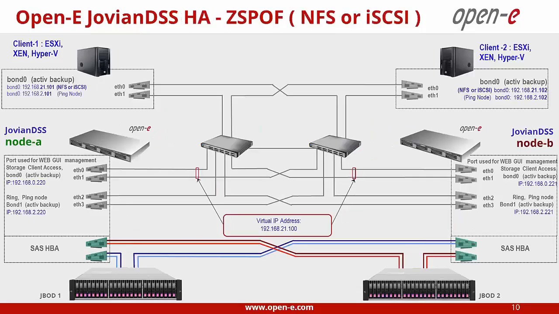And now I want to also show a few options which you can configure a cluster. I was already showing such a chart a few months ago, but there, on the SAS HBA, it was a single connection, so every single JBOD could have just a single cable to the node.